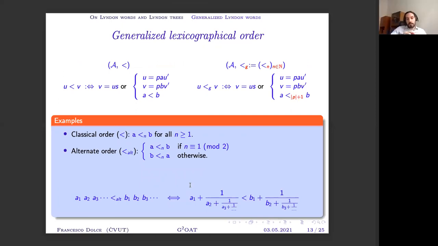Okay, well, the original motivation was an algebraic one, because there is something related to Lie algebras. But actually, we found quite soon that there was another interesting motivation related to this Lyndon property. I spoke of it very quickly, but this is related to continued fractions.